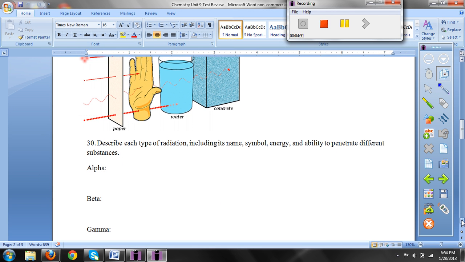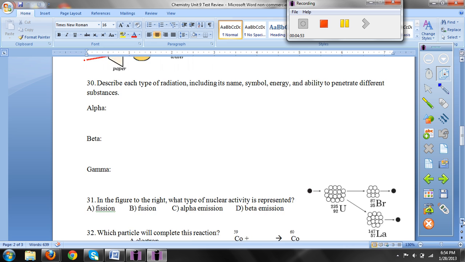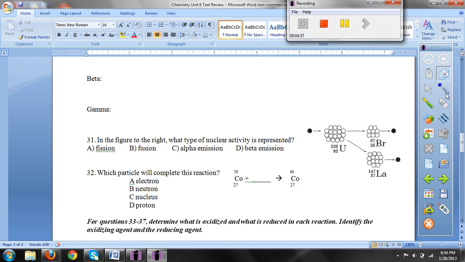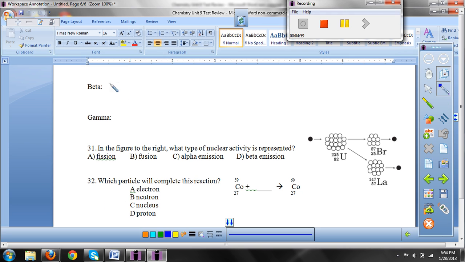The next one is beta. All right, so I said on beta, that beta emission, and that's the Greek letter for beta, has that little tail.